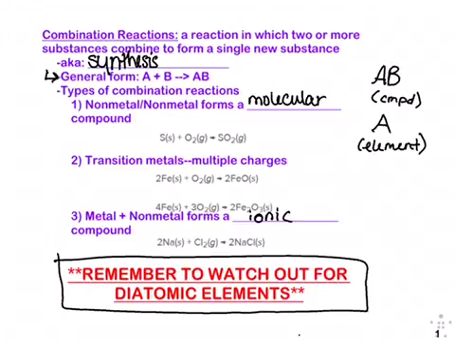You need to remember this. This is huge, especially after needing to go through number 9, and it was a lot of diatomic molecules on that. You need to remember to watch out for your diatomic elements.